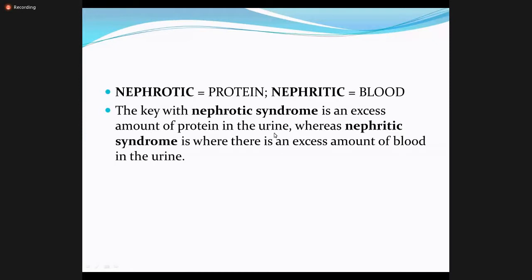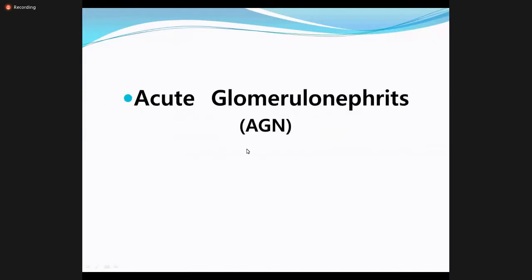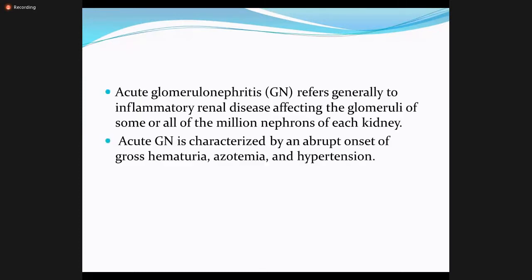Okay. Now we discuss what is AGN, acute glomerular nephritis. It is one of the causes. There are many different causes of nephritic syndrome. Nephritic syndrome is present whenever there is disease of the glomerulus that is associated with hematuria, proteinuria, edema, and hypertension. Then it is called a nephritic syndrome. There are different causes, and one of the common causes is acute glomerular nephritis.